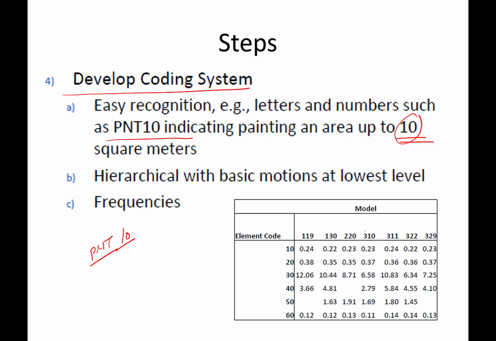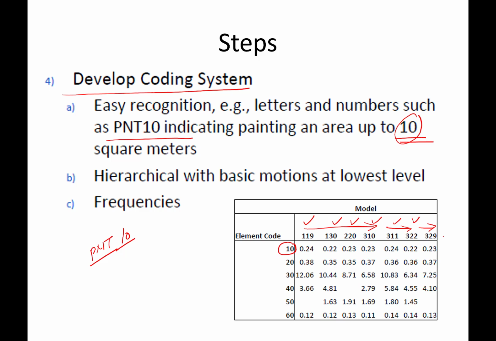So here this is in a particular order, indicating that maybe the time values are increasing for certain activities, and for certain ones it will be constant. You don't know at this stage what exists for 10. And say these are the different models of a particular product: 119, 130, 220, like this.